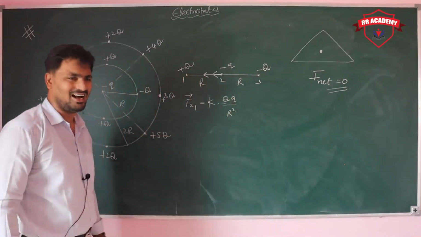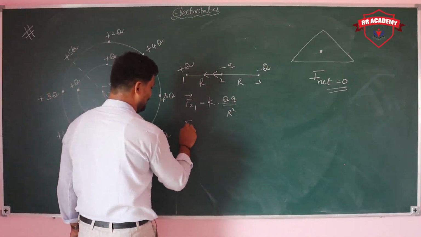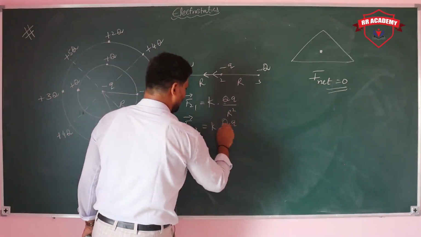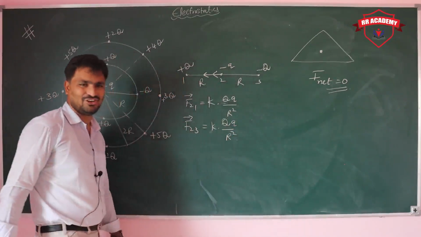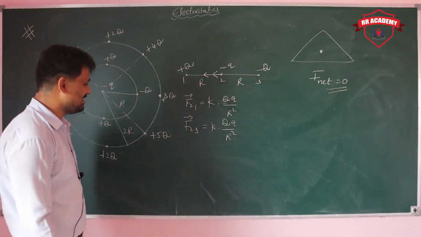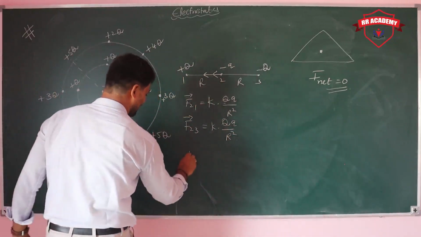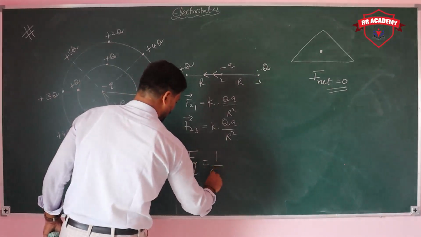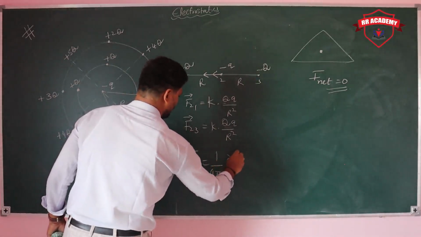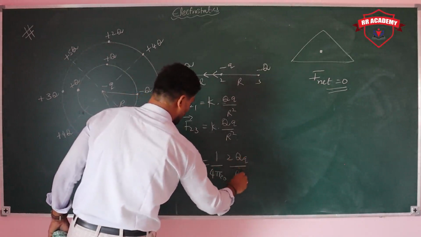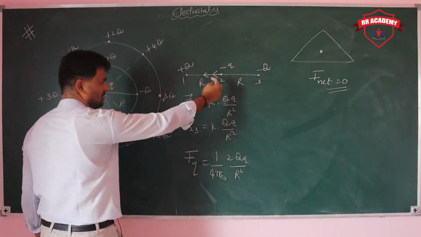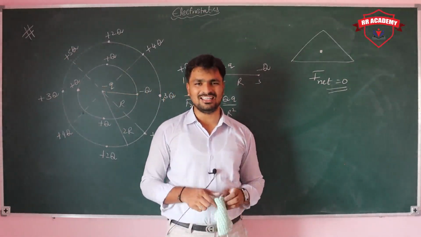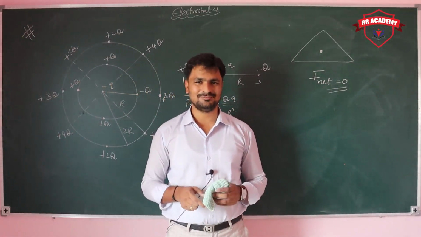Plus at the same time, force on 2 by 3 is k into q into q by r square. These two are acting in the same direction. Then the net force on q is 1 by 4 pi epsilon naught, 2q upon r square, in this direction. That is the sum of the forces acting on the charged particle.